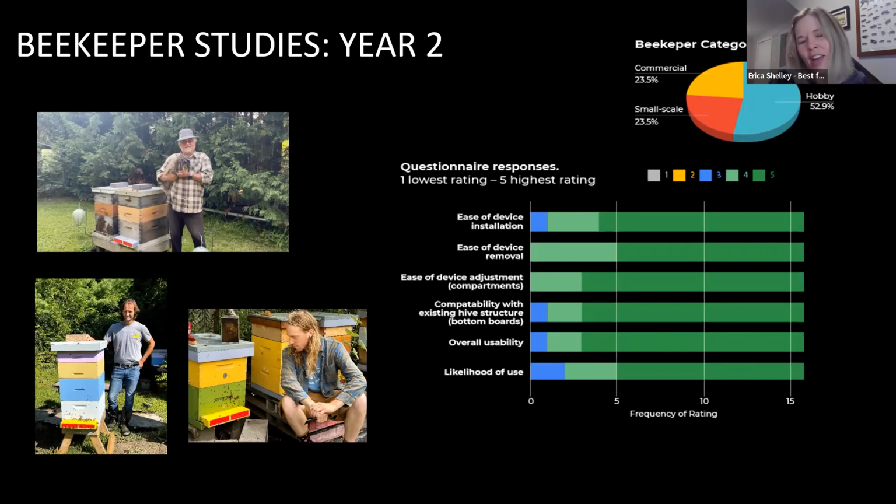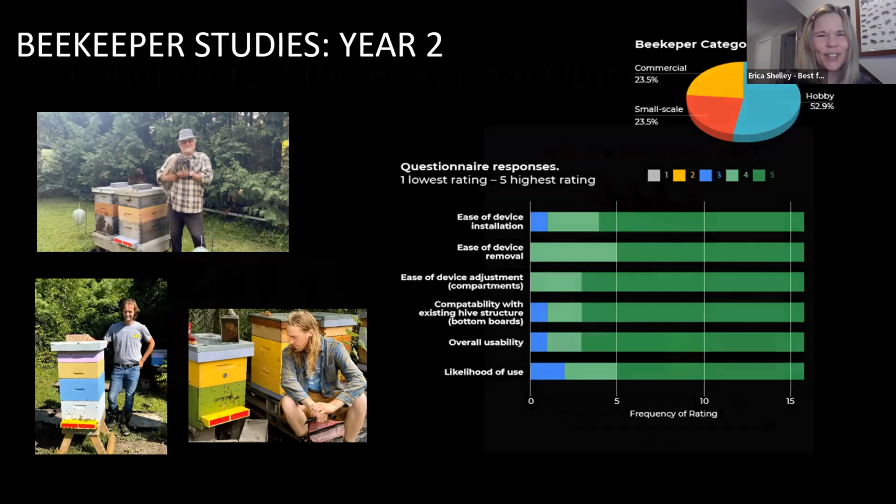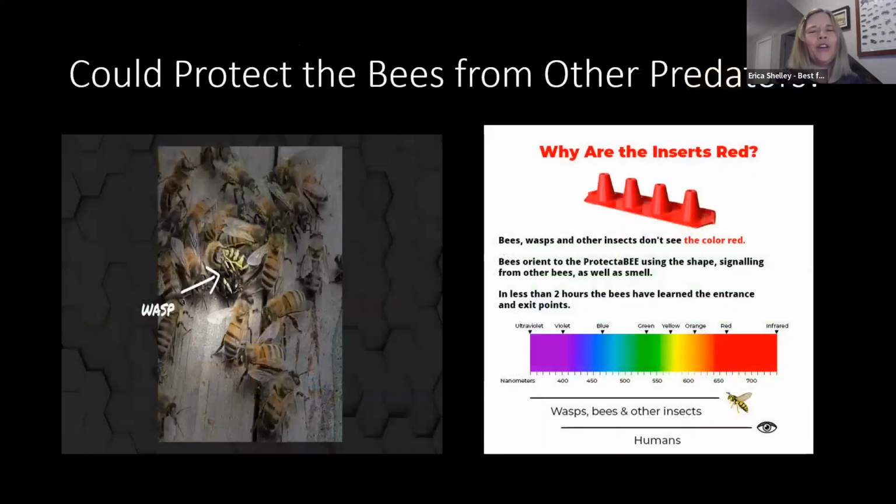That was why we had made it, but we didn't realize that the beekeepers were going to basically fall in love with this thing. They loved it, and all of our beekeepers that have trialed it are so excited to get it now. So we realized that we could protect from other predators, and that hadn't been the reason we had done this, but we know why now that we've been able to reflect.